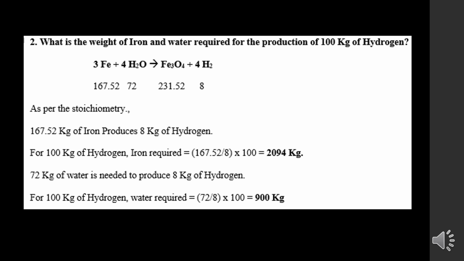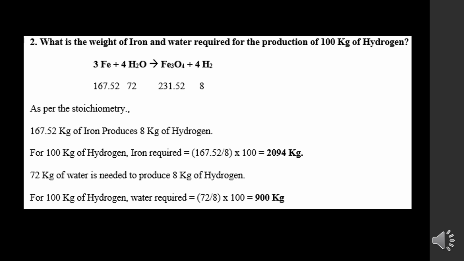3 times iron reacts with 4 molecules of water to produce Fe3O4 plus 4 hydrogen molecules. Here they have given the stoichiometry also. So as per the stoichiometry, 167.52 kilogram of iron produces 8 kilogram of hydrogen.